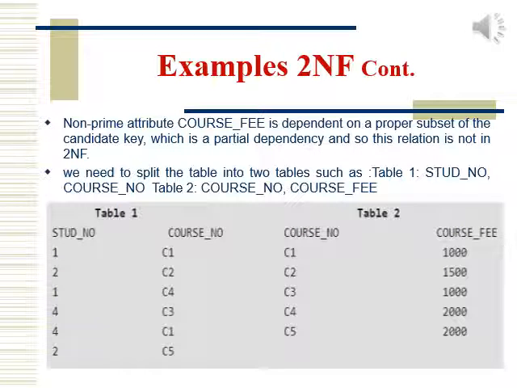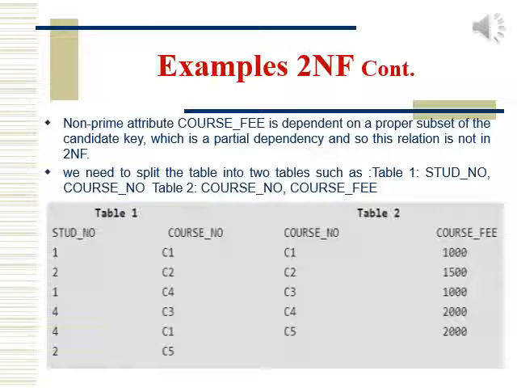Now in the same example, the non-prime attribute course fees is dependent on a proper subset of the candidate key. That reflects a partial dependency, and so this relation is not in second NF.